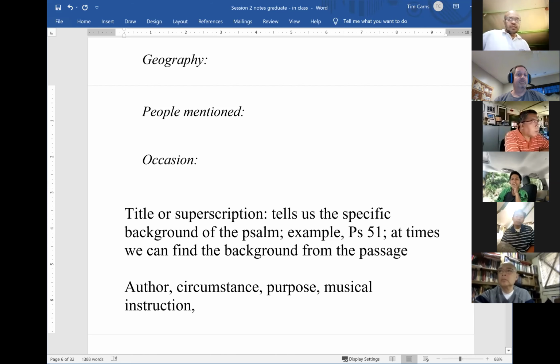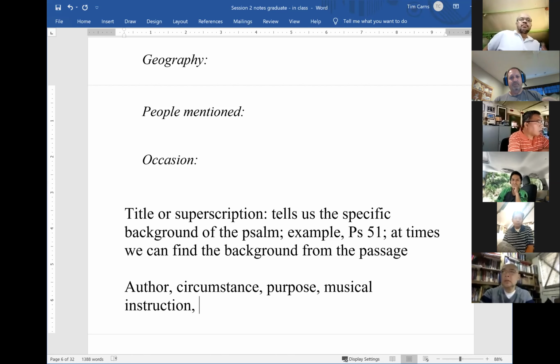It'll talk about certain instruments or a certain tone that the psalm is to be sung by. Sometimes we will get instruction about, what was I thinking? The purpose, the musical instruction. There was one more thing, and it's escaped my mind right now.